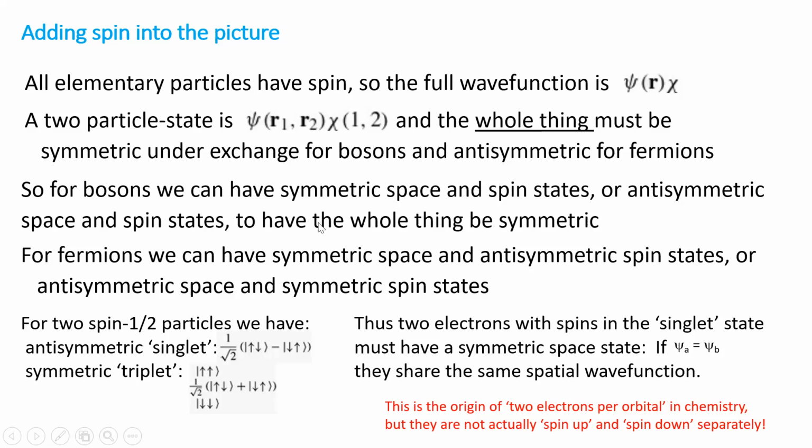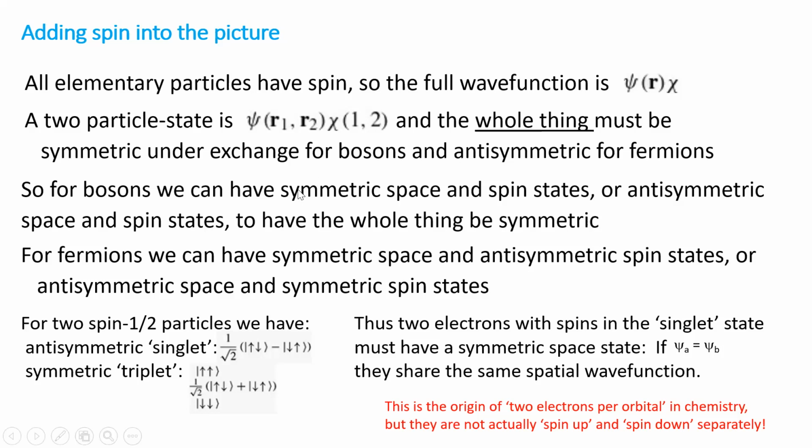We've looked at the need to have symmetric and antisymmetric combinations of particles, symmetric giving bosons, which have integer spin, antisymmetric giving fermions, which have half integer spin.